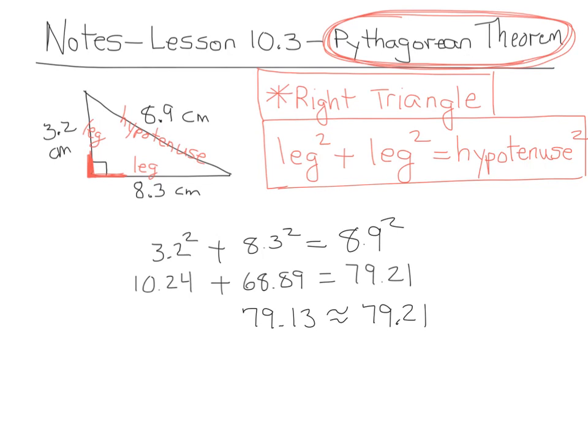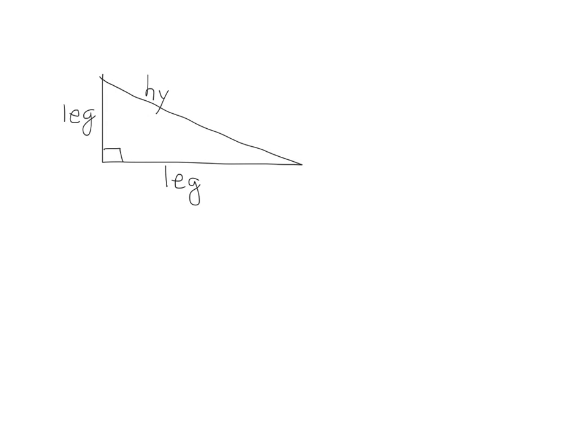Alright, so let's learn more about this. So let's draw a right triangle. Okay, now remember, a right triangle has to have a right angle. And this is going to be a leg, and this is going to be the other leg, and this side is the hypotenuse.